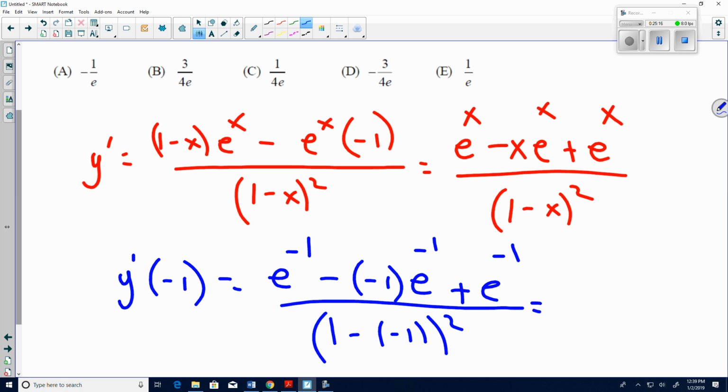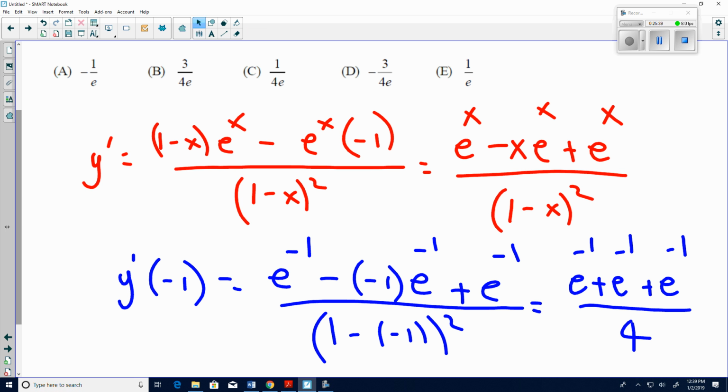So what do we have? This is e to the -1 plus e to the -1 plus another e to the -1. That looks like 3 of those up top, and on the bottom we've got 1 plus 1, which is 2, 2 squared, which is 4. So it looks like we have 3 e to the -1 over 4.